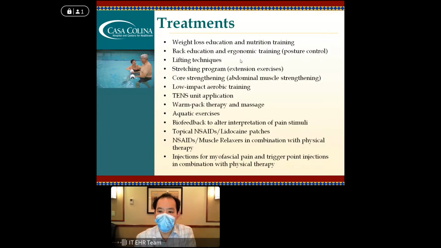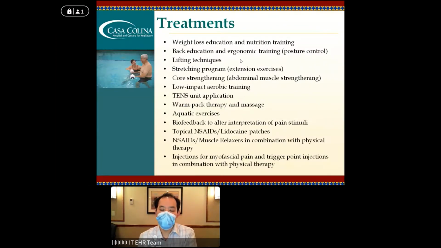We can talk about ergonomics and how to lift properly, like using your knees to lift and to protect your back, and stretching to make sure your muscles are functioning properly, so there's no muscle imbalance or tightness, which may pull your body into more abnormal positions or lead to muscle imbalance, which may cause pain on its own. We've all heard about core strengthening.